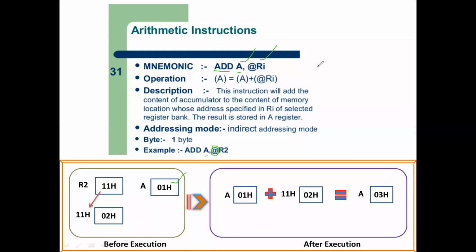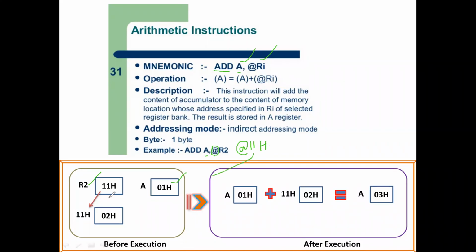Whatever the value in the register, that is the address. Let me take R2, so in R2, I have 11. So that 11 is the address now.